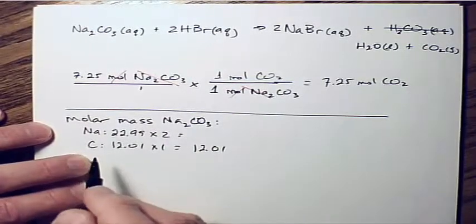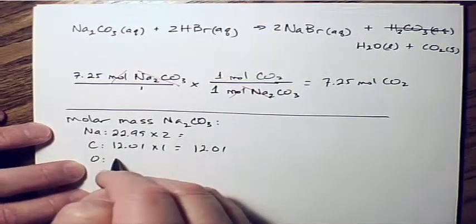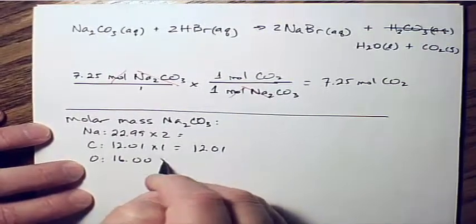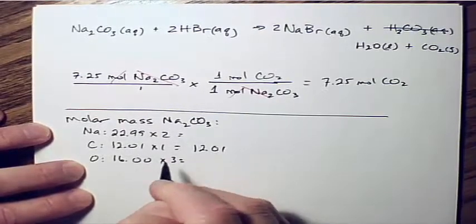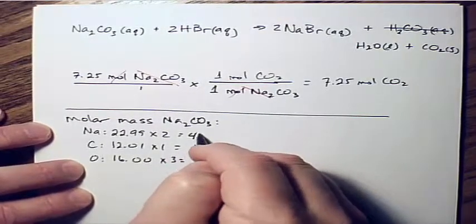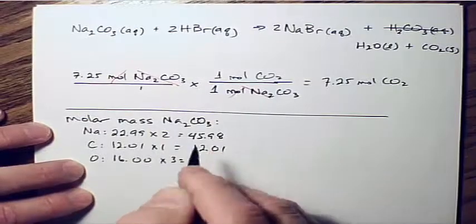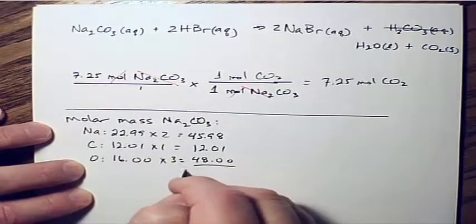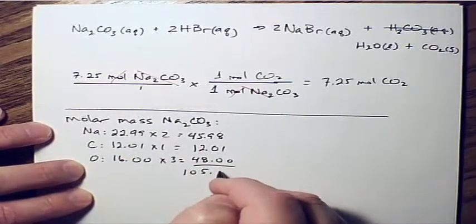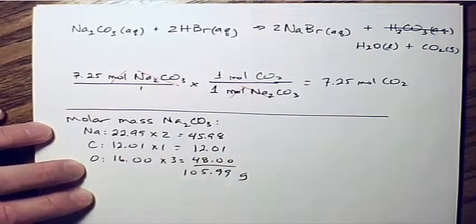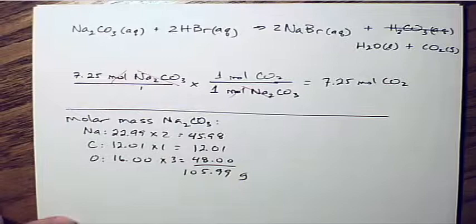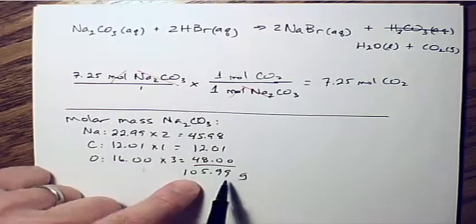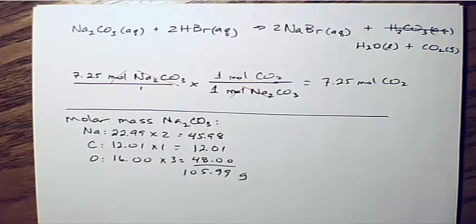And then oxygen, I've got 3 of those, 16.00 times 3. We're just going to do the math here real quick. 45.98 and 48 down here, and we get 105.99 grams. Now that's the molar mass of sodium carbonate.